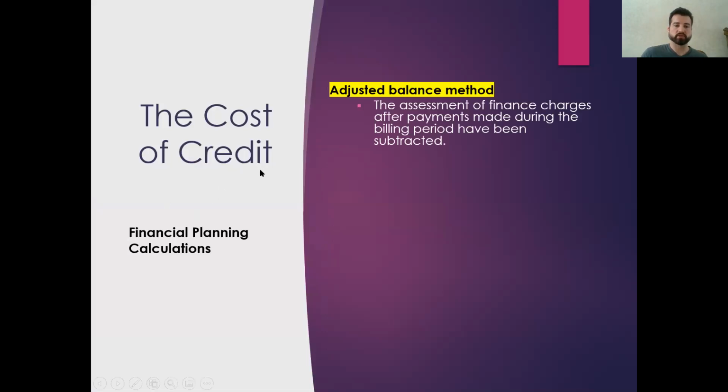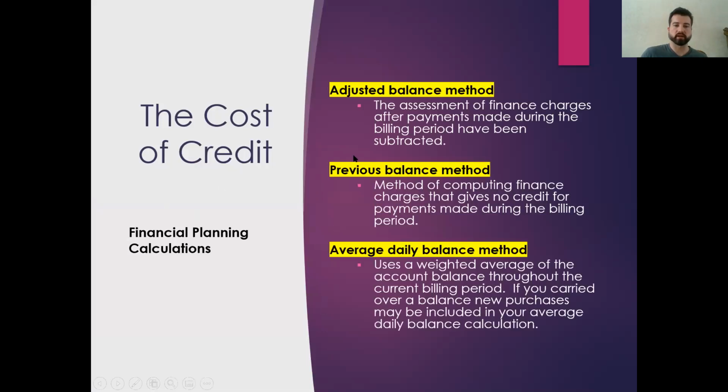The cost of credit, how those are calculated, might be the adjusted balance method, previous balance method, or average daily balance method. With the adjusted balance method, they're removing finance charges or payments during the billing cycle. I would say the more common one is the average daily balance method.